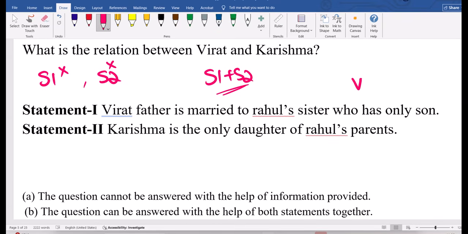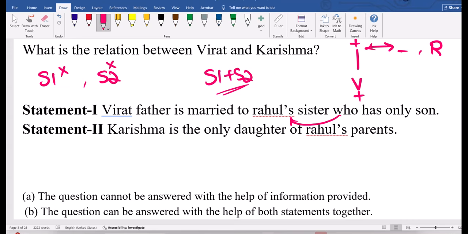Virat's father is married to Rahul's sister, who has only one son. This Rahul's sister has only one son. Not Rahul, Rahul's sister, who has only one son. That is nothing but Virat. Virat is the only son of his parents. Daughter we don't know, but the son is clear.